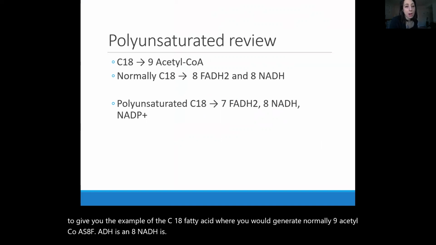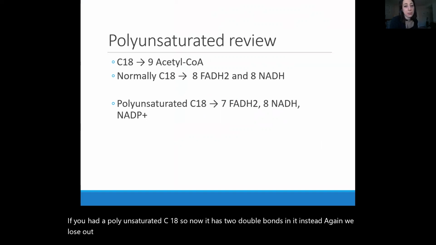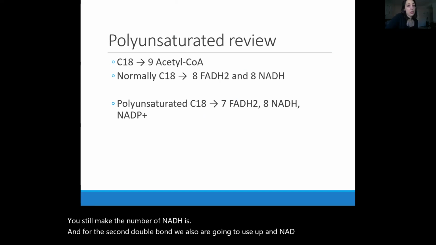If you had a polyunsaturated C18, so now it has 2 double bonds in it, instead, again, we lose out on 1 FADH2 for that first double bond. You still make the same number of NADHs. And for the second double bond, we also are going to use up an NADPH, so essentially generating an NADP+.